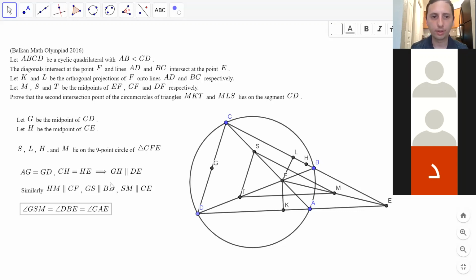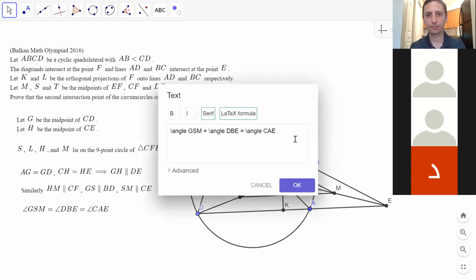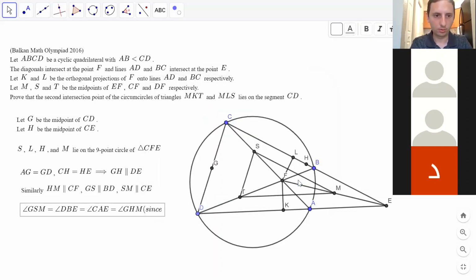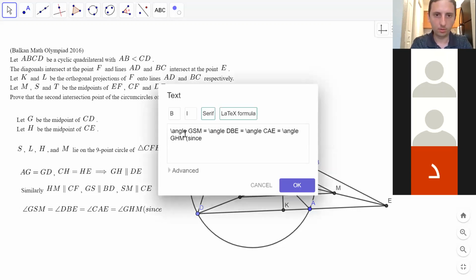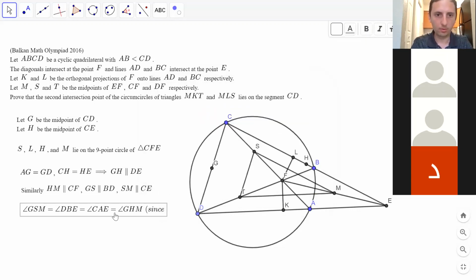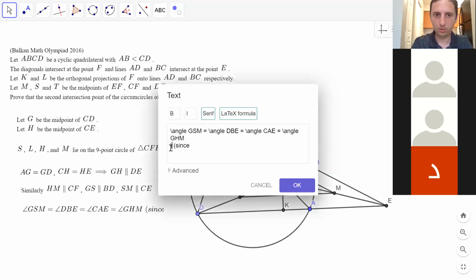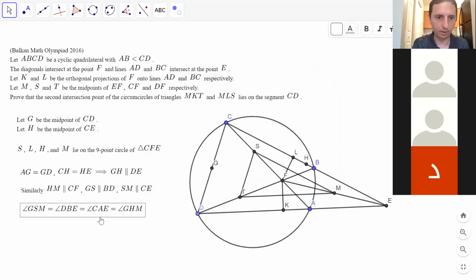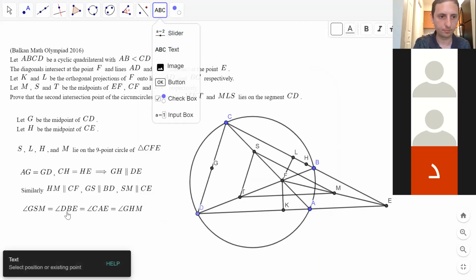Okay, so yeah, that is equal to GHM. I'll clarify that. I'll just put it on a new line.